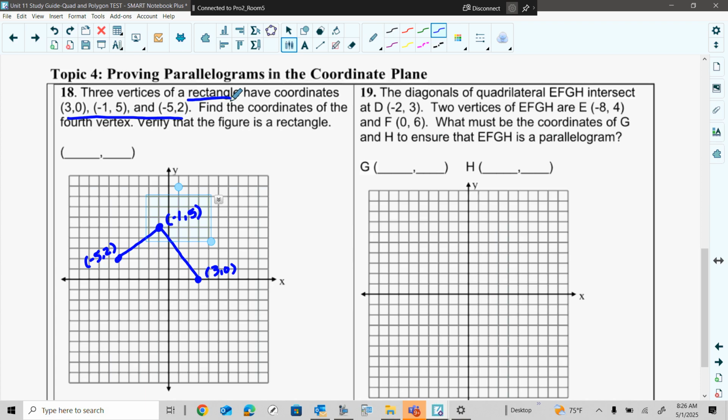So there's more than one way to find the fourth point, but we have to see it's over here. So I can use opposite sides, like this side is opposite over here. So I can either count the slope down and to the left, so down 3, to the left 4, and then repeat that. Or I can do opposite reciprocals to make the right angle. But you need to be able to figure that out using your slopes.